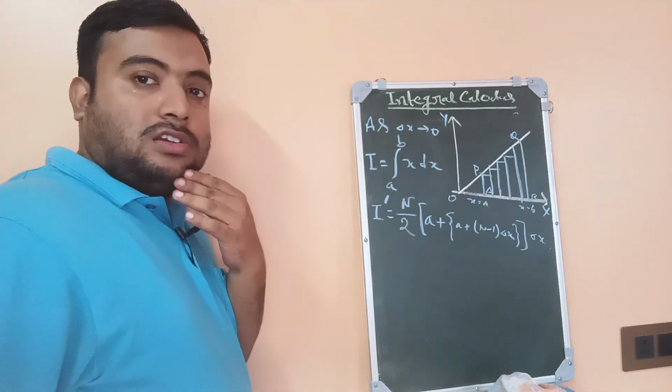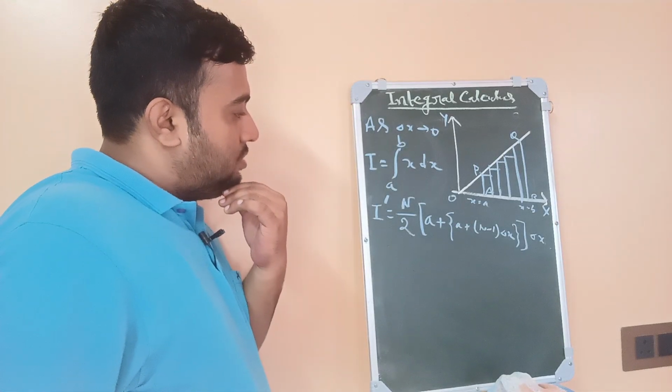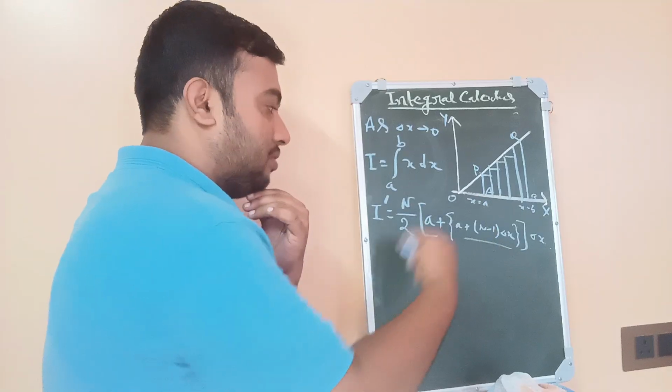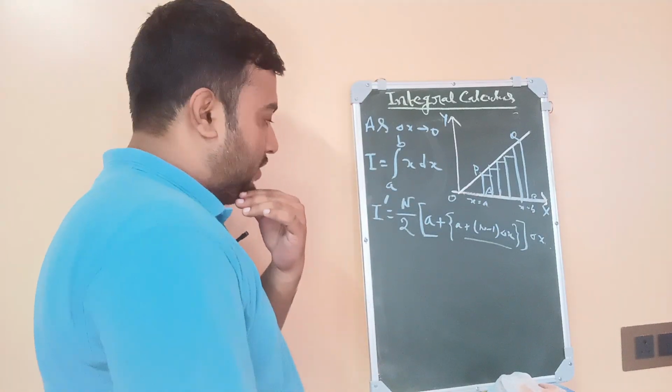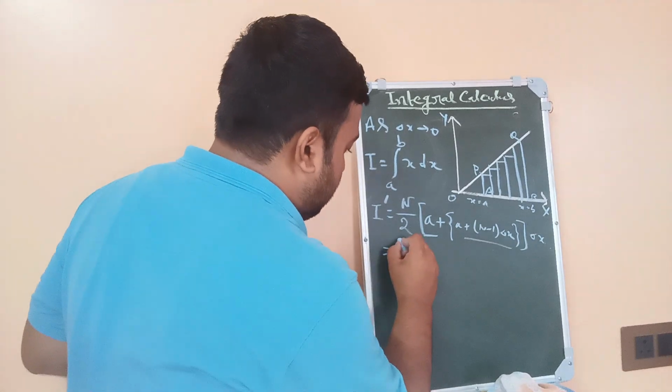Am I right or wrong? This is the first term, a into delta x, and this is the last term. Very good. Okay, next we will try to solve it.